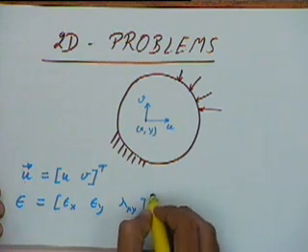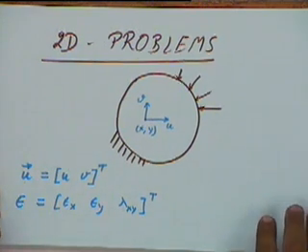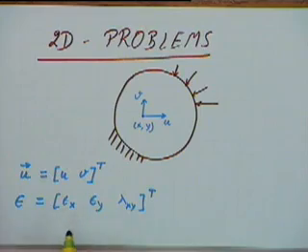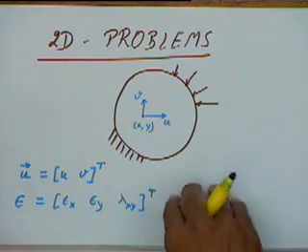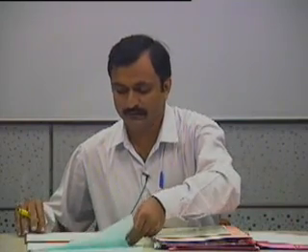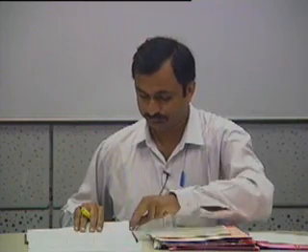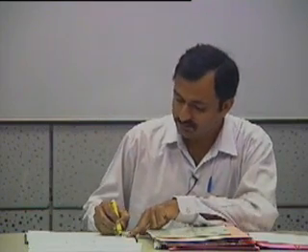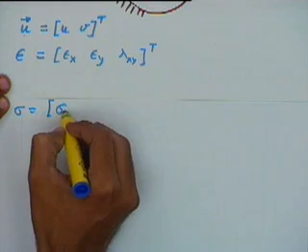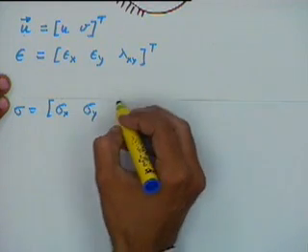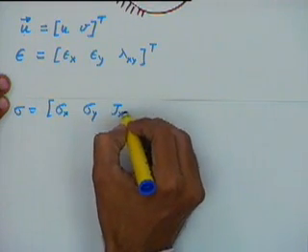There will be 3 terms and this will be the strain vector. Okay, similarly the stresses will be given by sigma, which is sigma x, sigma y and tau xy.